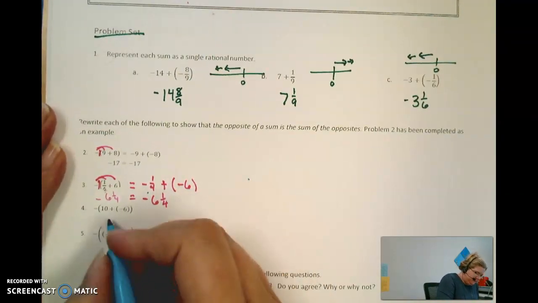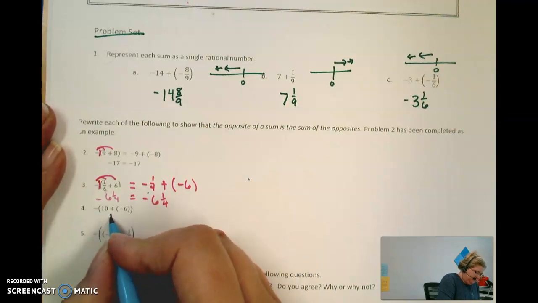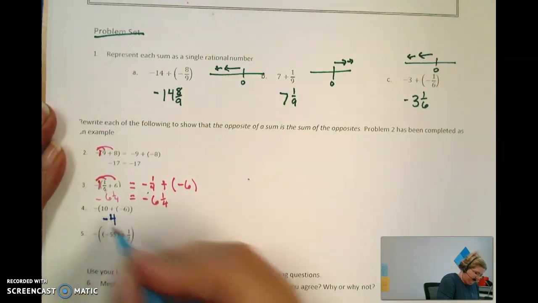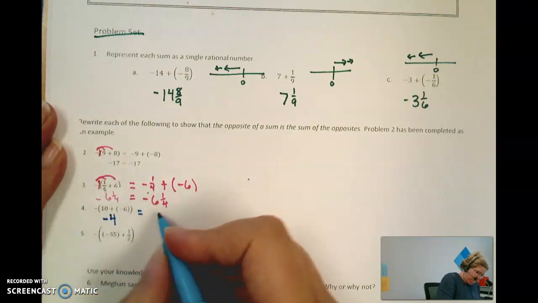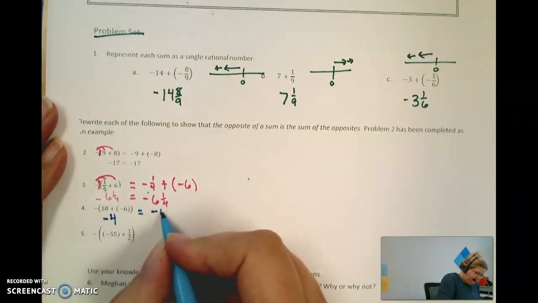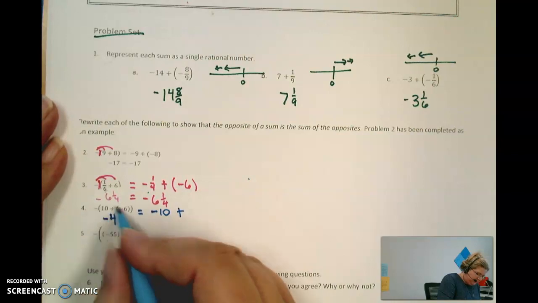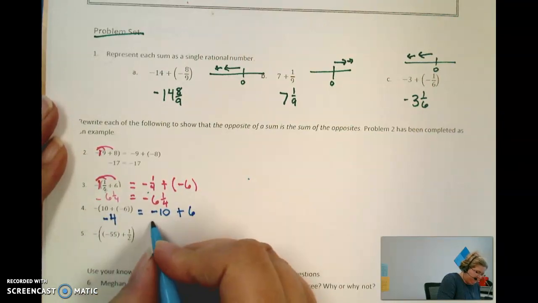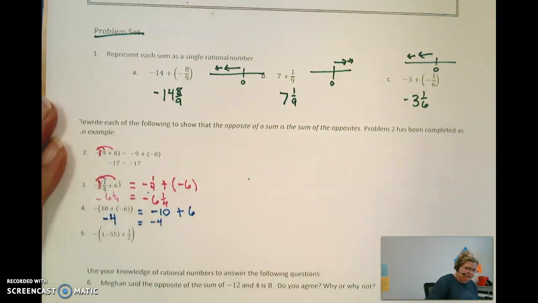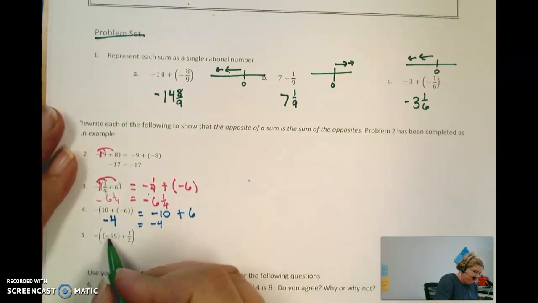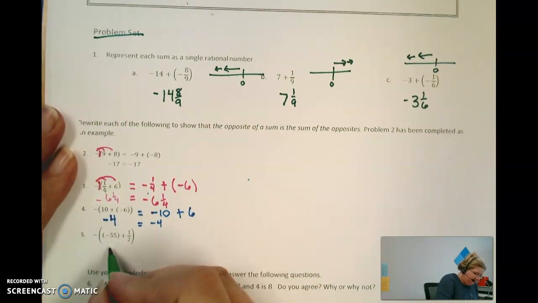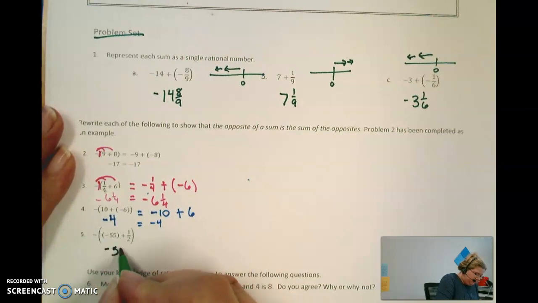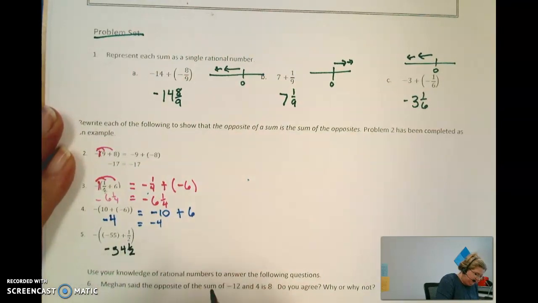10 plus negative 6 is 4. And the opposite of that is negative 4. Distributing the negative 1, the opposite of 10 plus the opposite of negative 6 would be negative 4. Same result. Negative 55 plus 1/2 would be negative 54 and a half.